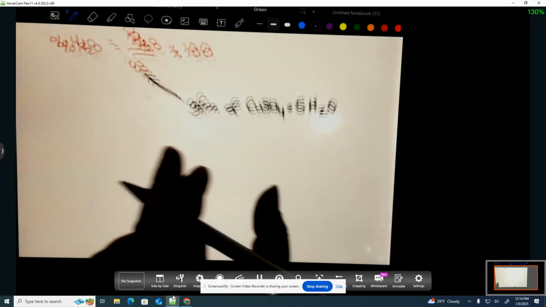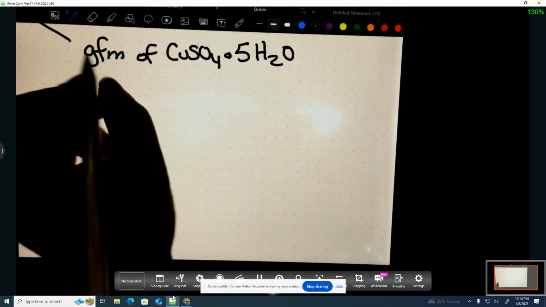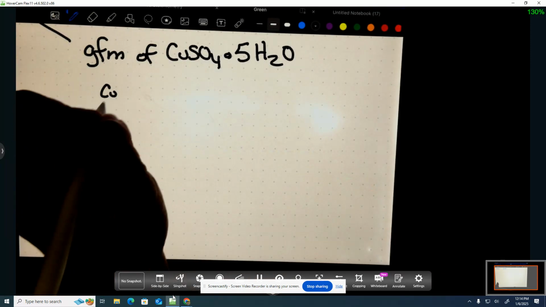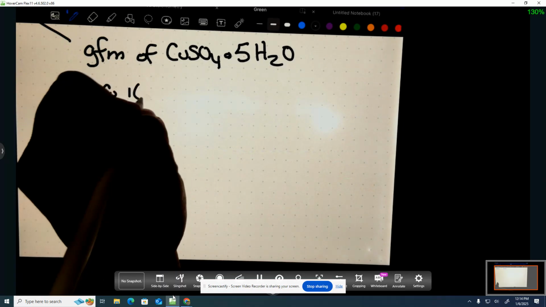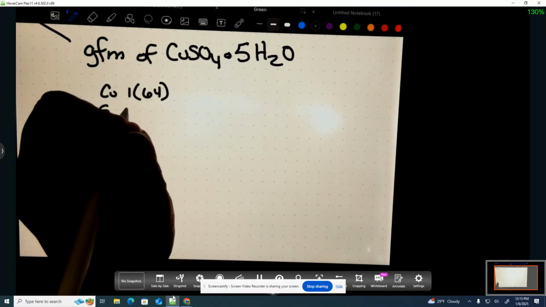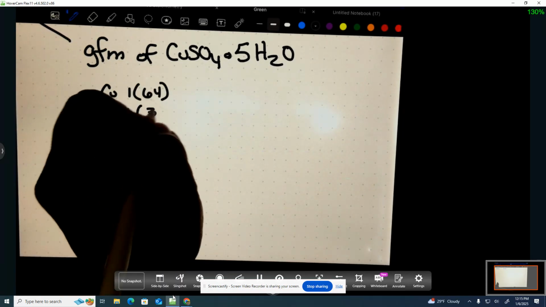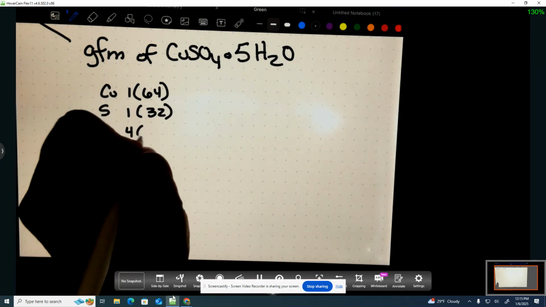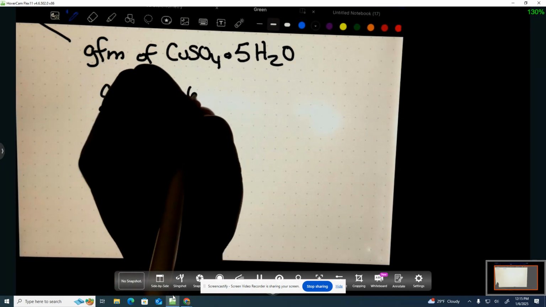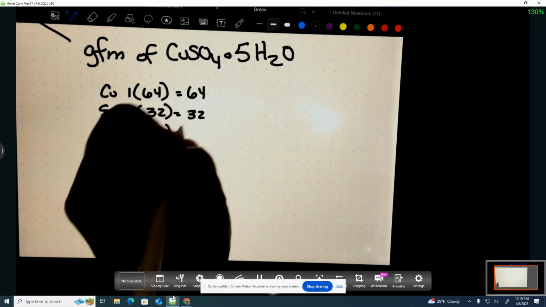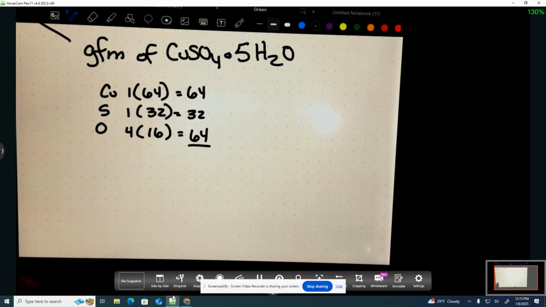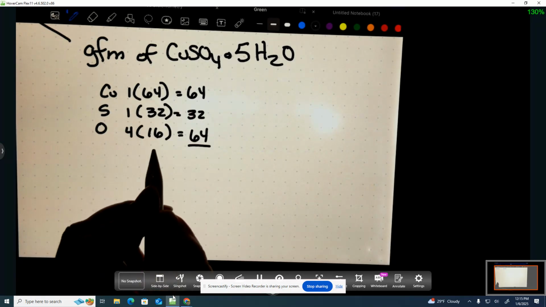Okay. So let's find the gram formula mass of CuSO4. We're going to start with the CuSO4. 1 copper at 64, 1 sulfur at 32, and 4 oxygens at 16. I'm hoping that I don't have to explain to anybody where these numbers came from.